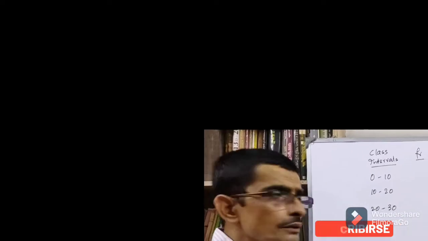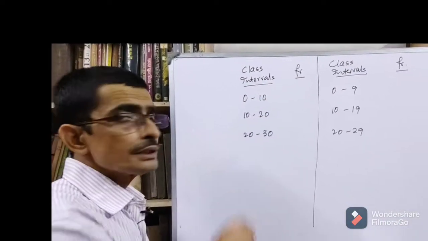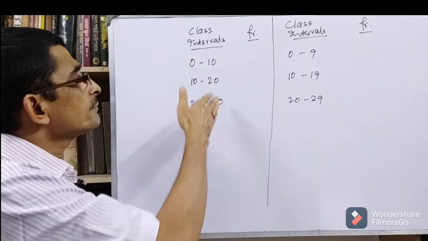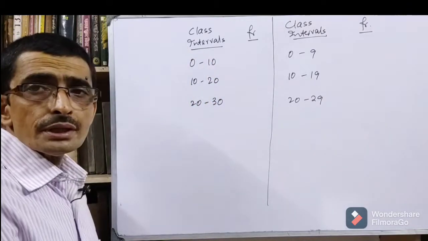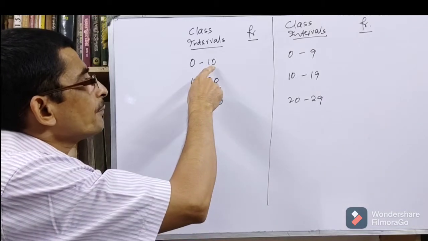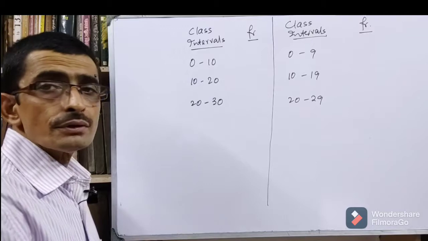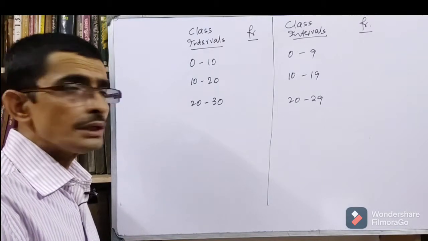To do this, we need to remember there might be 3 types of data. Let me write. Look, here I have taken 2 types of data. In the first type, if you watch carefully, see the upper limit of the previous class and the lower limit of the following class are equal.